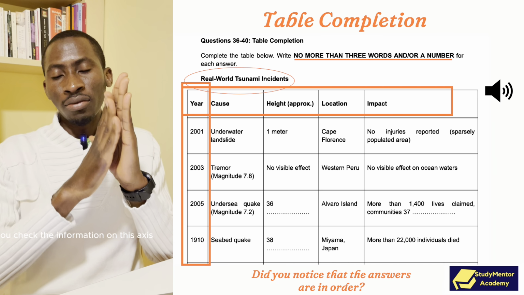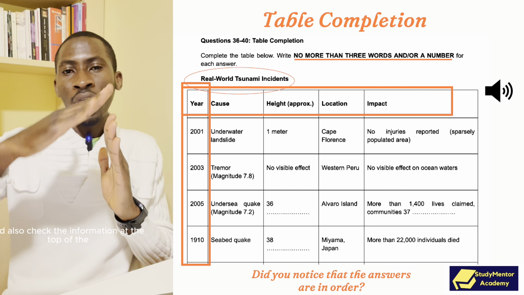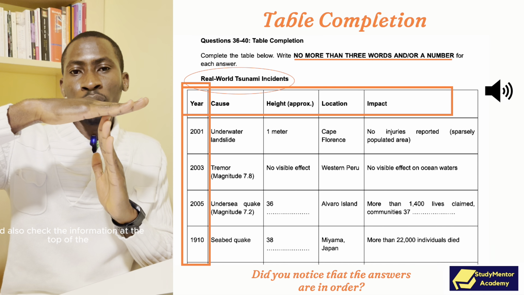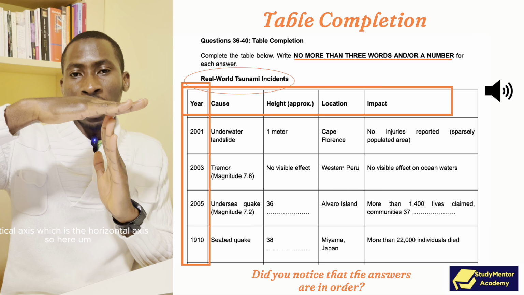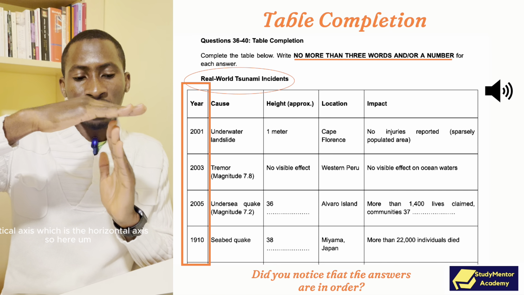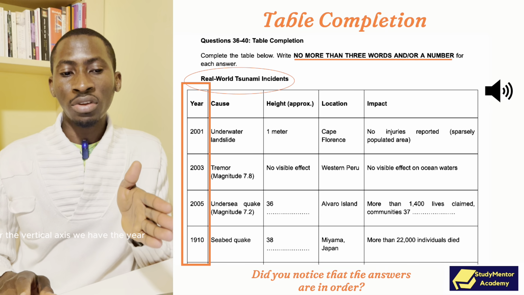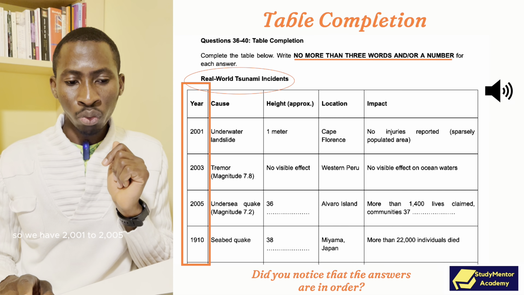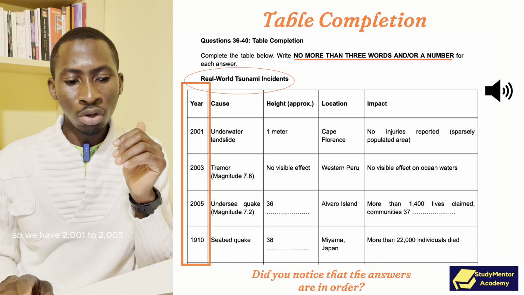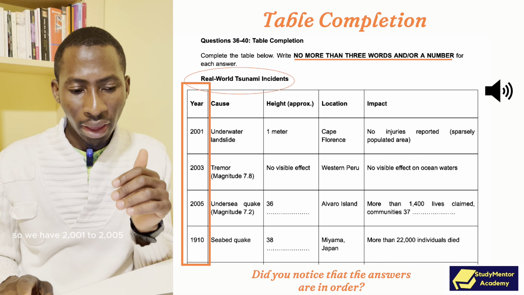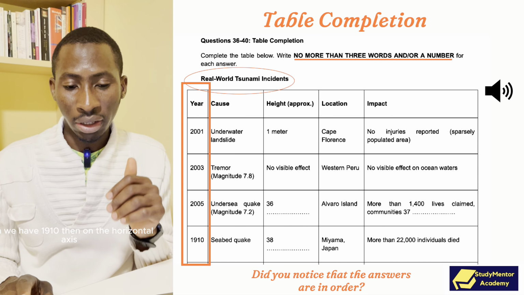So you check the information on this axis and also the information at the top, which is the horizontal axis. So here, for the vertical axis, we have the year. So we have 2001 to 2005, then we have 1910.